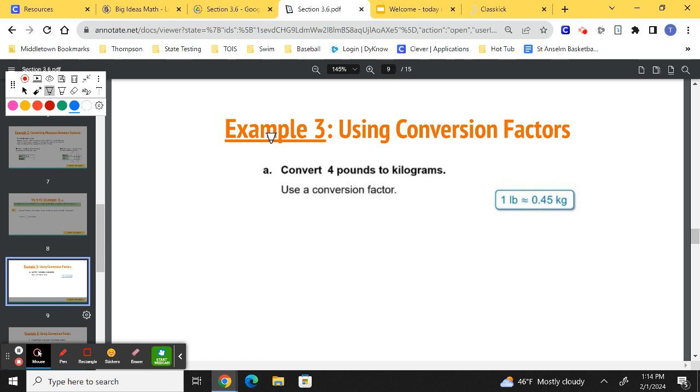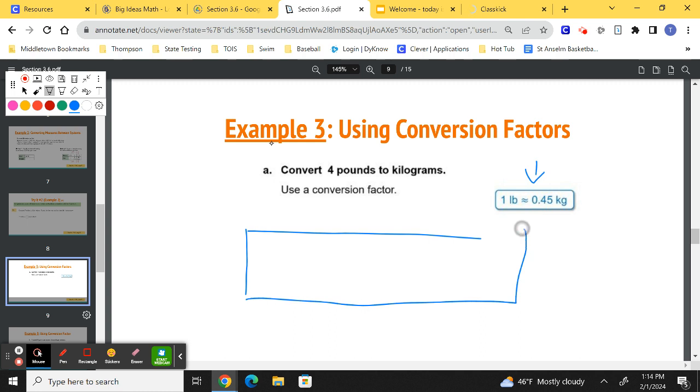Okay. All right, so do you see that they gave you the conversion factor that they want you to use? Yes or no? Okay. Do you notice what they don't give you? Ratio tables. So make your ratio table. Which one's on top? Kilograms.